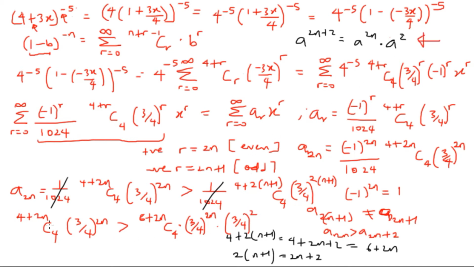So with that I can cancel out the common factor on both sides, which gives (4 plus 2n) combination 4 greater than (6 plus 2n) combination 4, and of course times 9 over 16.